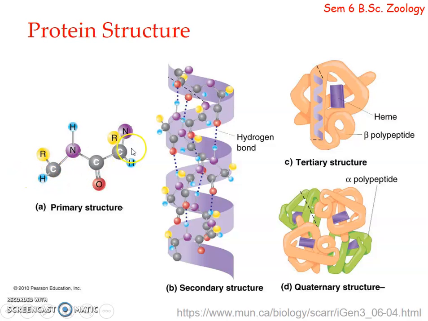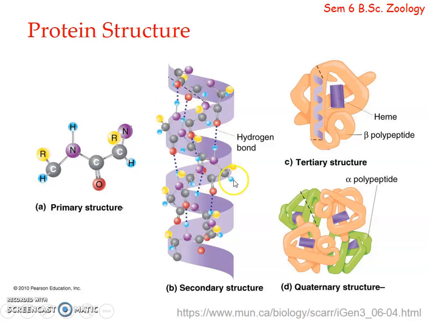You can see here, this is a linear sequence of amino acids that forms the primary structure. It is a linear sequence of amino acids forming the backbone of proteins or polypeptides. All proteins have a primary structure, but they need not be functional in that particular form. In the primary structure, the predominant bonding is the peptide bond, the CONH bond between the amino acids.